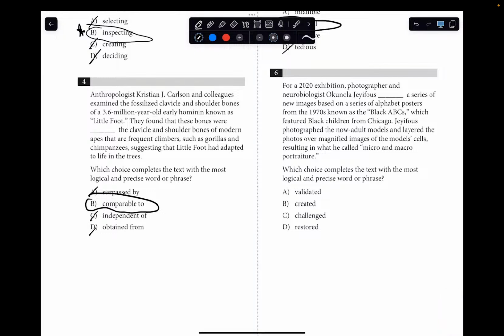6. For a 2020 exhibition, a photographer and neurobiologist blank a series of new images based on a series of alphabet posters from the 1970s known as Black ABCs, which featured black children from Chicago.